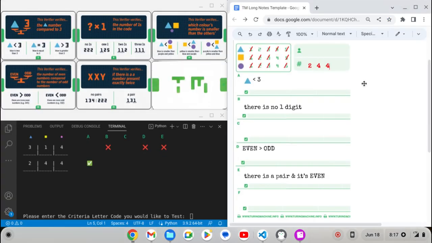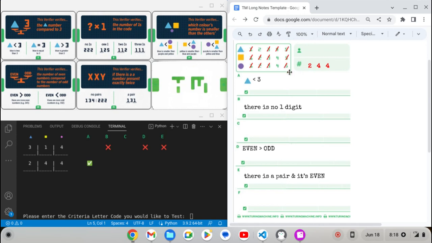So some great observations. I guess it paid off to test criteria card B because it crossed out all the 1s, and then also thinking about 5 being canceled, using a little deduction, knowing that any pair of evens smaller than 5 could not be the smallest.